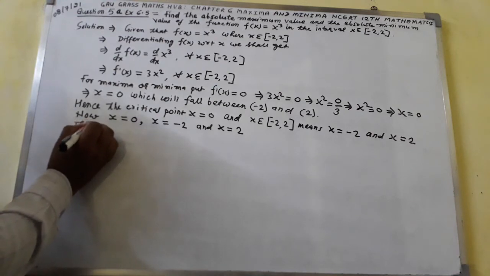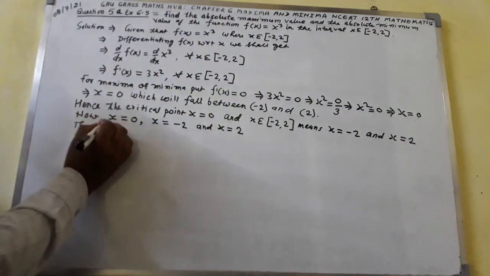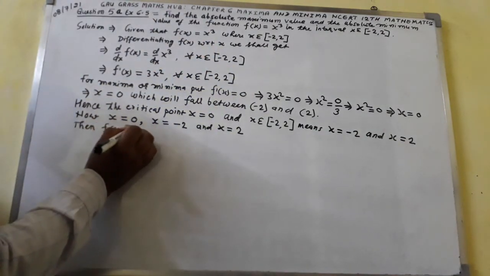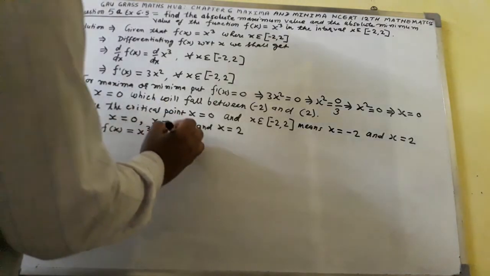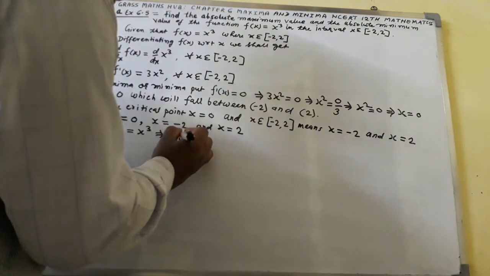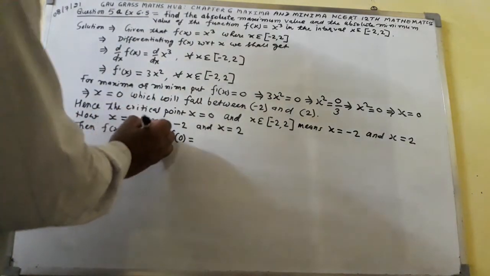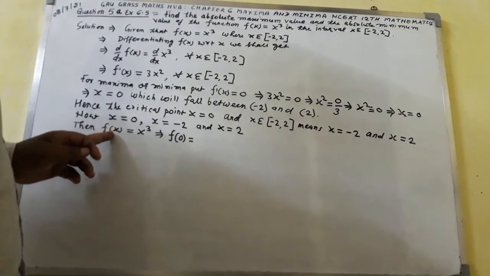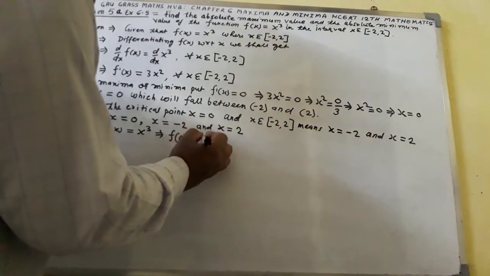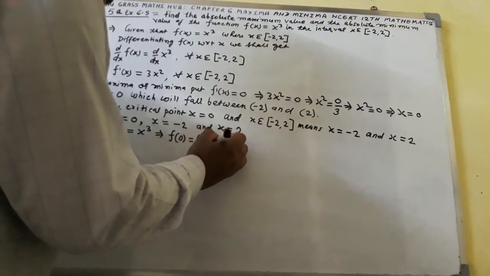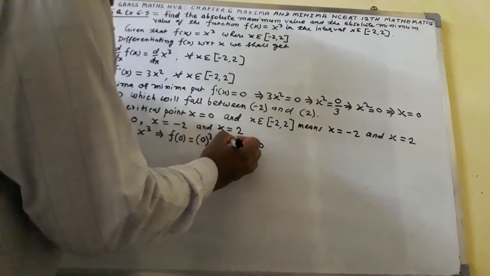Then f of x is equal to x cube. So here I shall write f of x is equal to x cube, implies that f of 0. Here you can see f of x is equal to x cube, so here the value of x I can write 0. f of 0 is equal to 0 cube, implies that f of 0 is equal to 0.